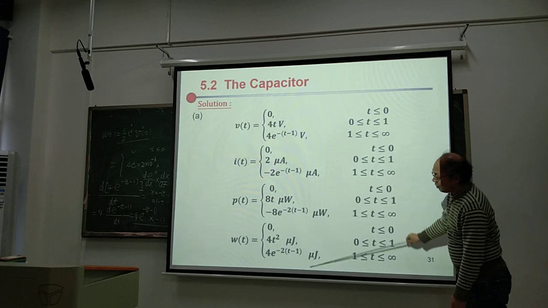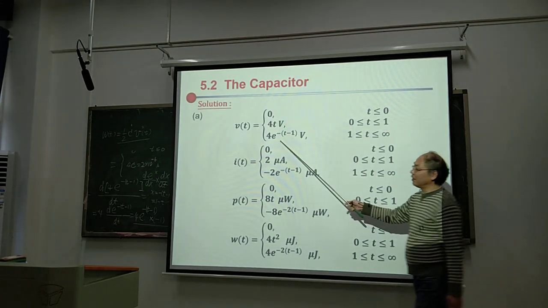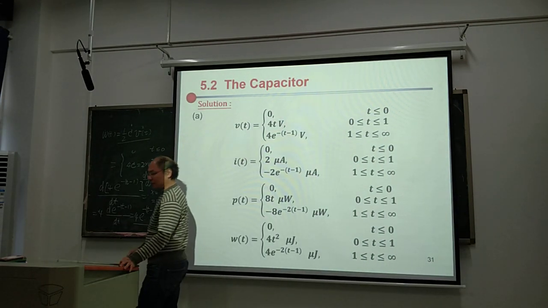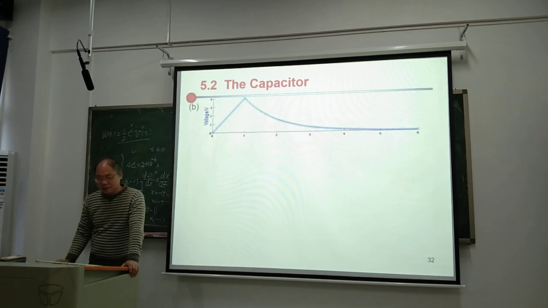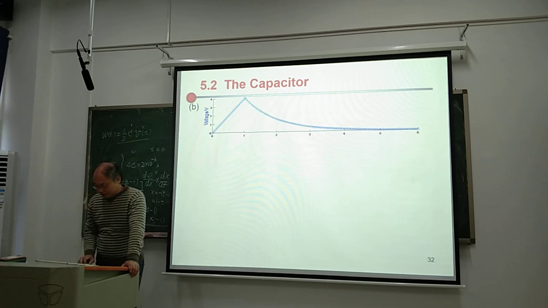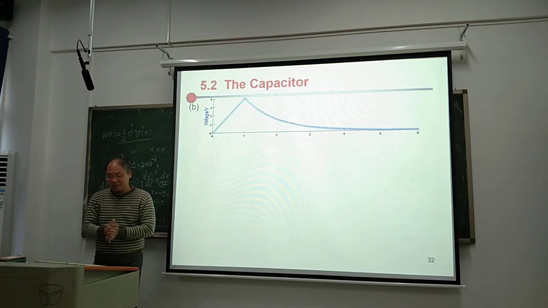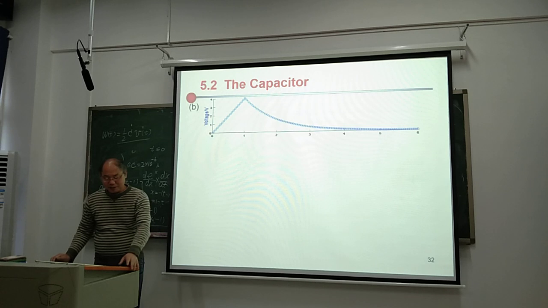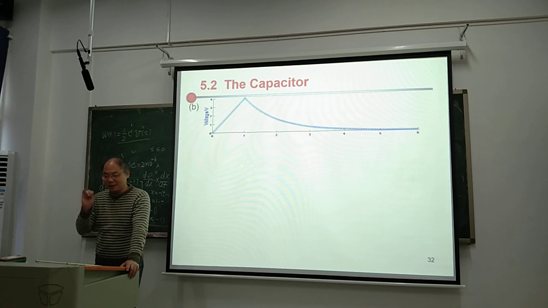So for the four waveforms we get four functions, naturally, to plot the four waveforms. This is the voltage. So we plot the waveforms with MATLAB. If you have used MATLAB earlier, maybe the calculation may be very easy.